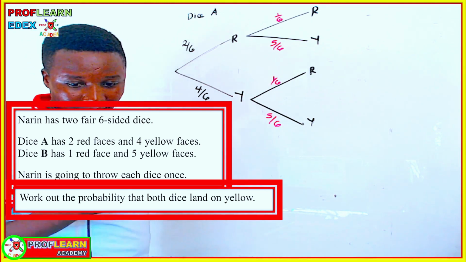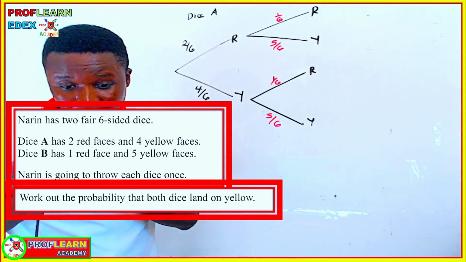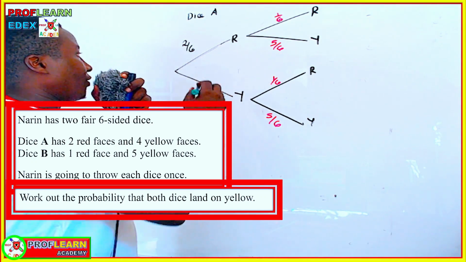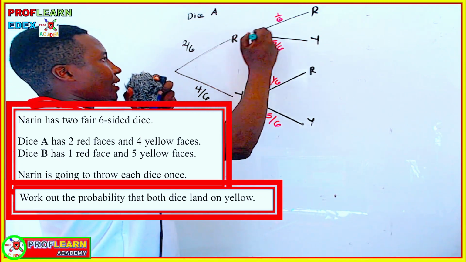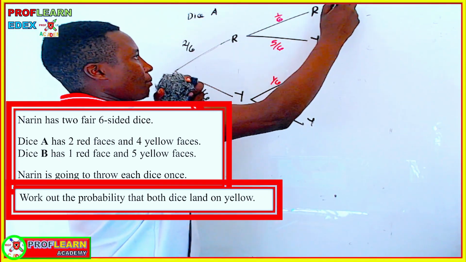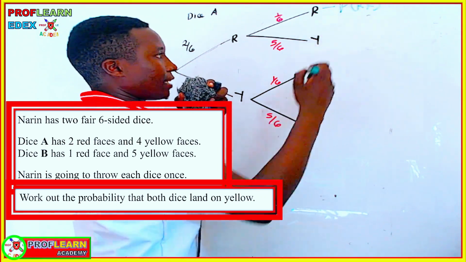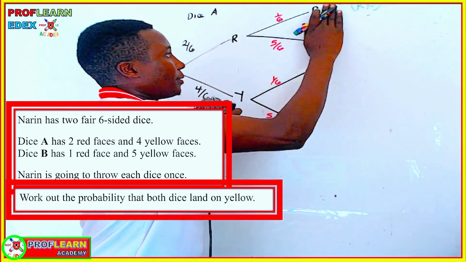Now having this, we need to appreciate the fact that we can pick the probability. If the first row is red and red, then the probability here is red, red.